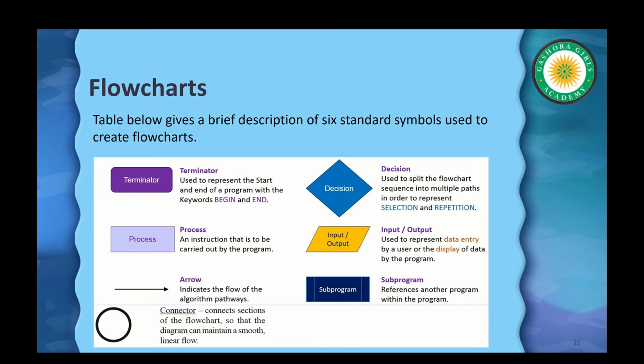When you go to the second page, how will you know where you ended from? So the connector or the circle will be used to connect the first part on the first page to the second part, which is on the second page. So basically those are the main symbols we use to write flowchart programs.